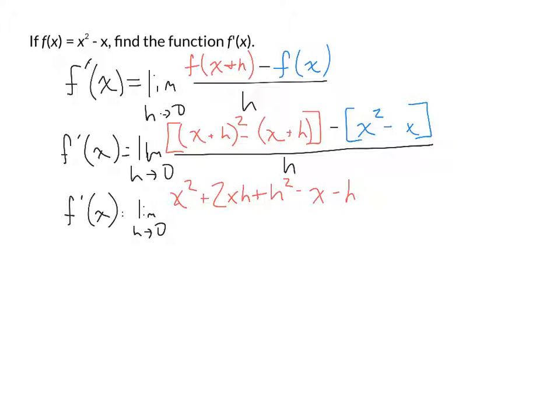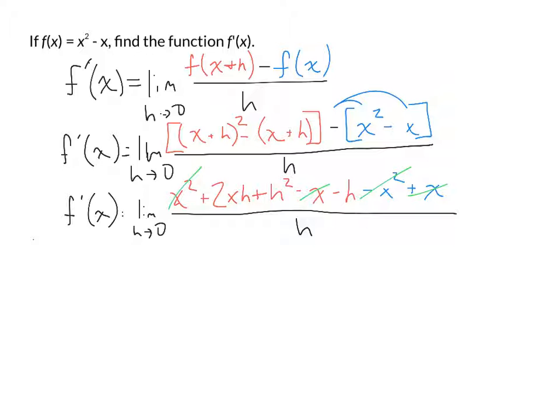And then I have a minus x squared minus x, and I'll distribute that minus through, so for a minus x squared plus x. And that right now is still all over h. And if we did this right, a whole bunch of things should cross out. X squareds minus x squared, gone. Minus x plus x, gone.